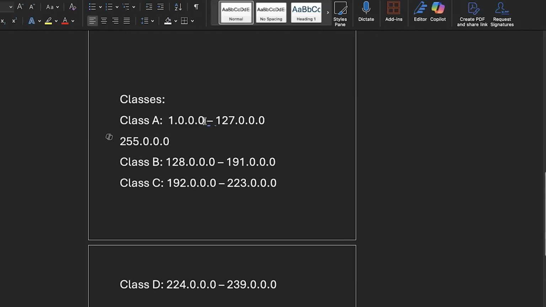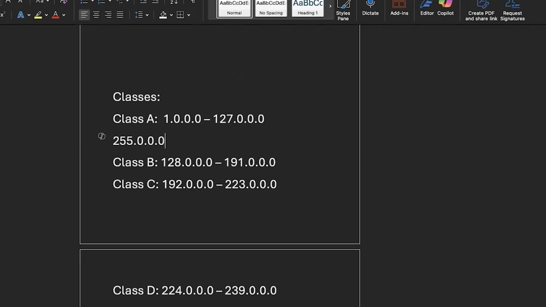Automatically, this should tell you that in the first octet, all the bits are turned on. So that means any number in this first octet is going to be part of the network. So whether it's 1, 2, 3, 94, 98, 126, that's part of the network ID, right? Because this is the default mask for Class A.